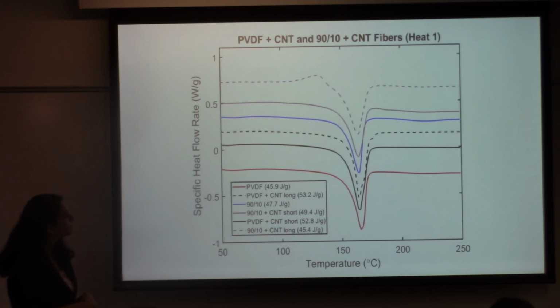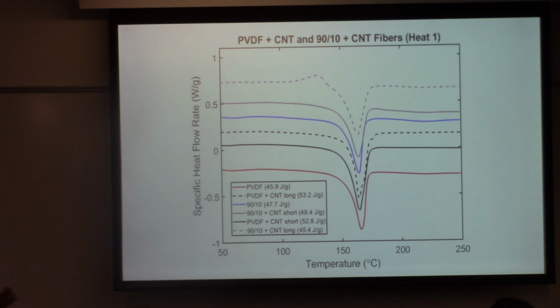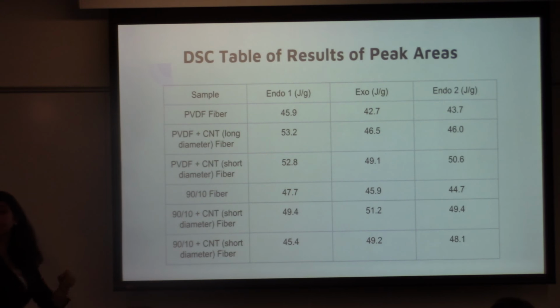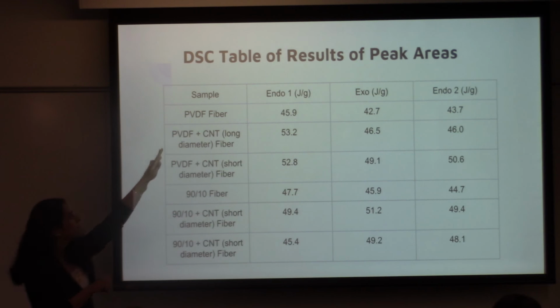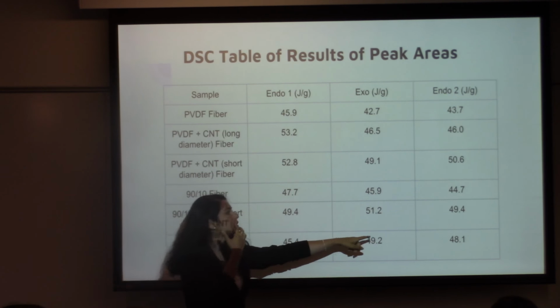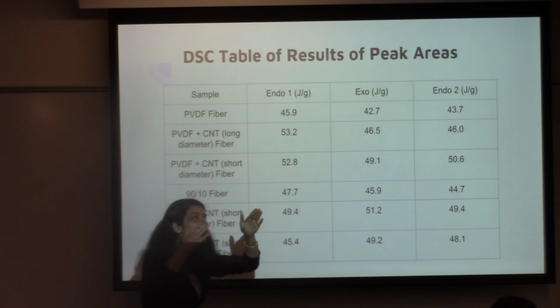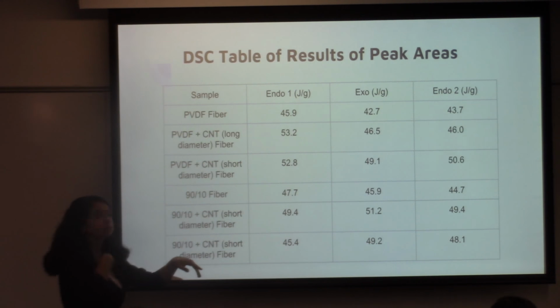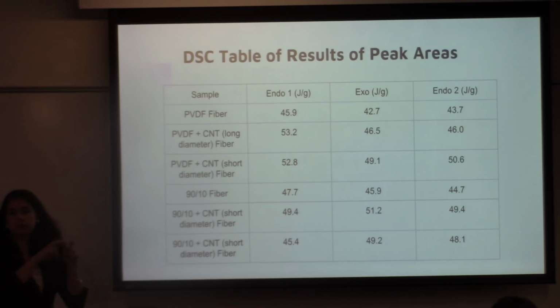The various lines are representing the different materials and mixtures we use. And in this table, we're looking at the area for each sample, and we documented those in our table: heating, cooling, and heating again, first, second, and third on the table.